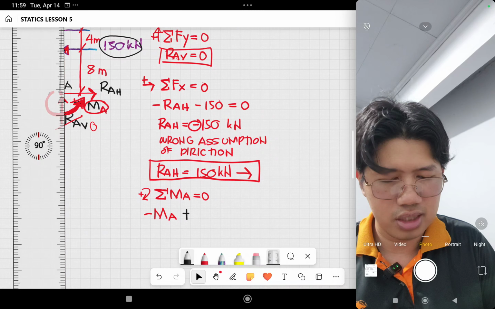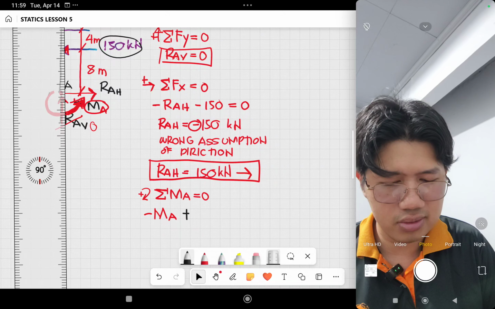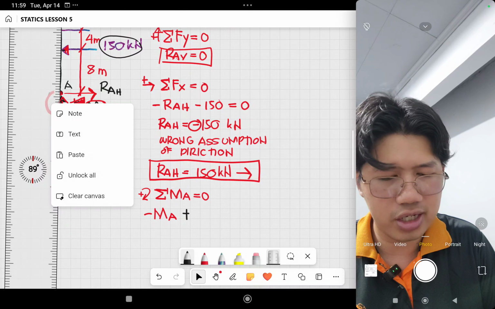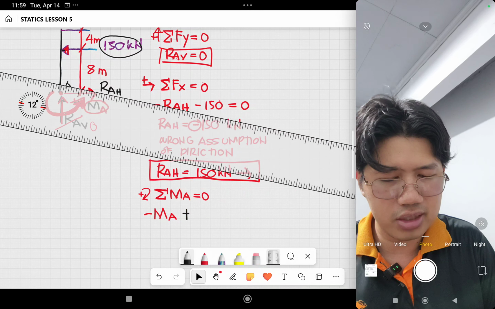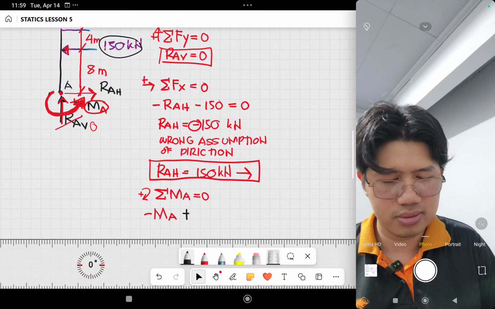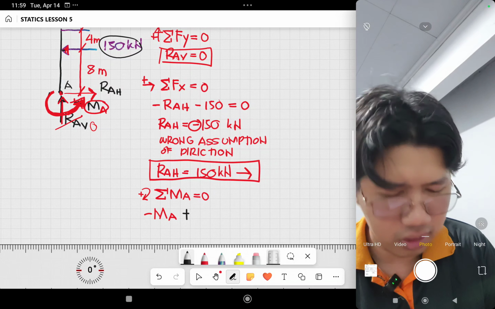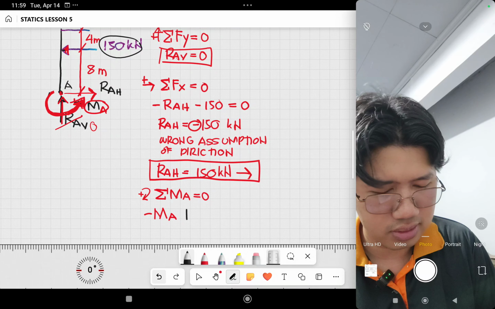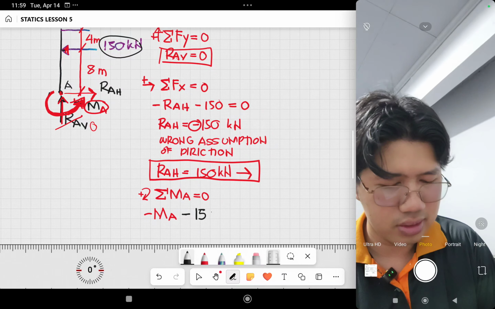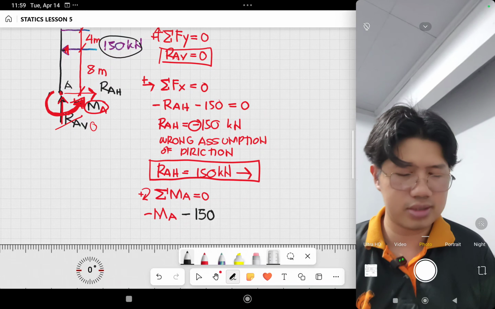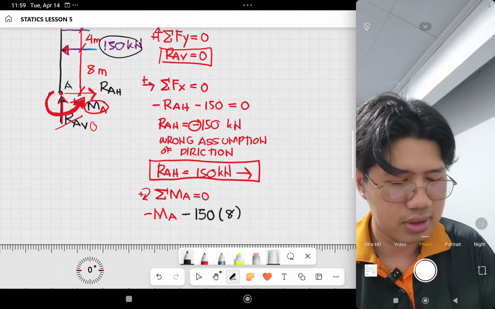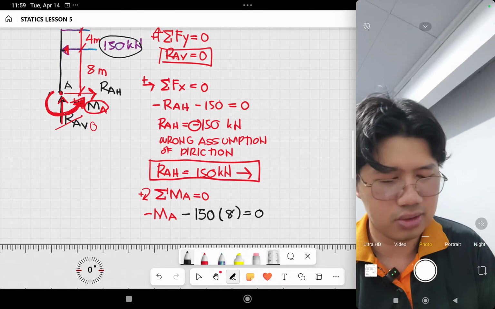If hahawakan ko sa point A and follow ko yung direction ni 150, it will rotate in a counterclockwise manner. So that is negative 150 times 8 equals 0.